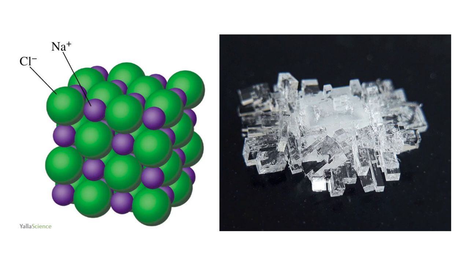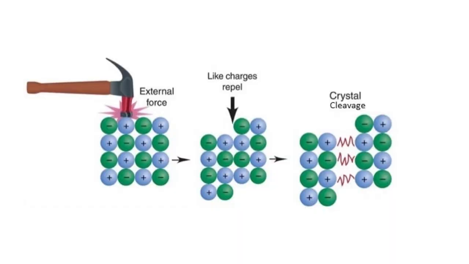When you look at salt crystals under a microscope, they have perfect 90-degree angles. They're very, very cubic in nature. The idea here is that the microscopic arrangement of particles often shows itself on the large scale.